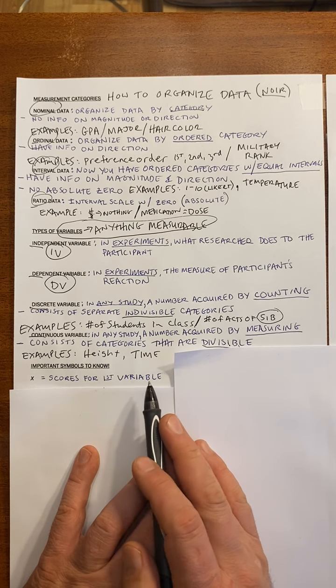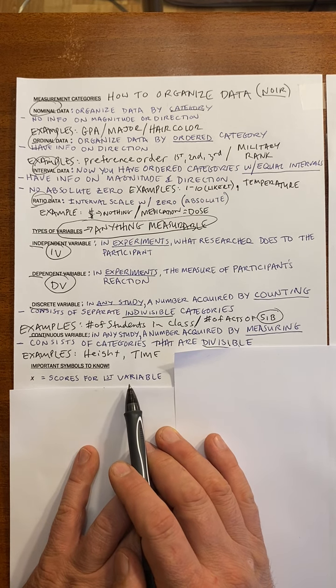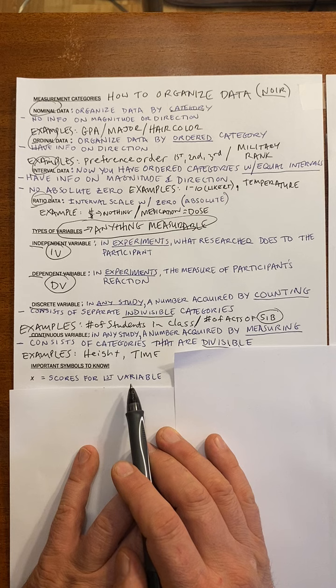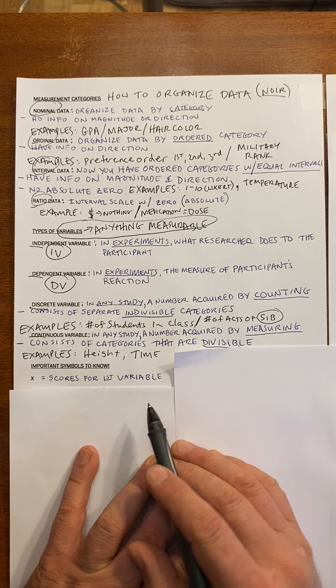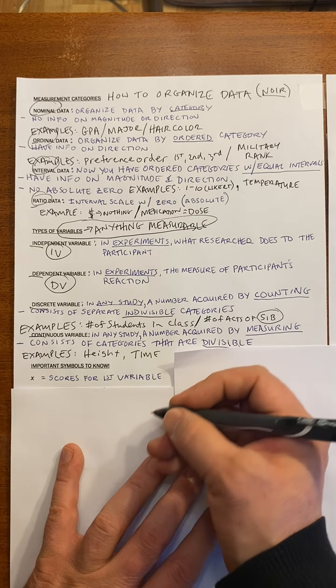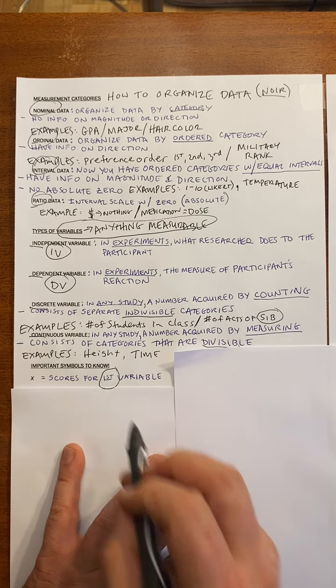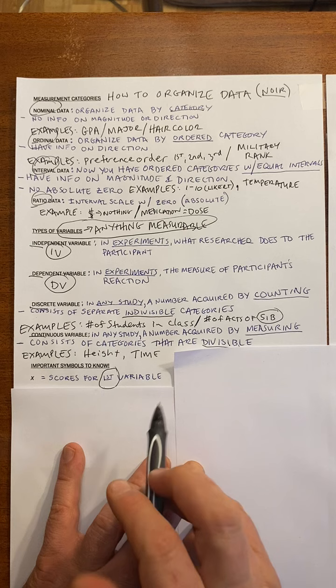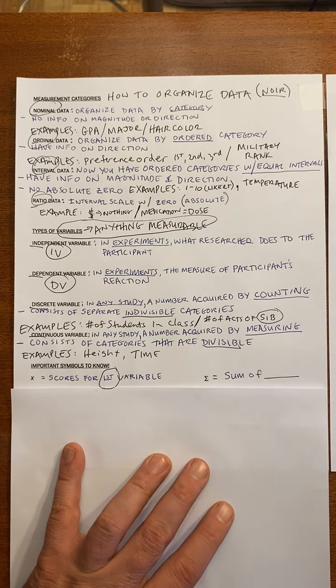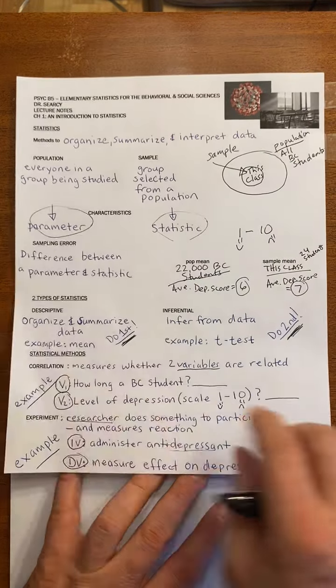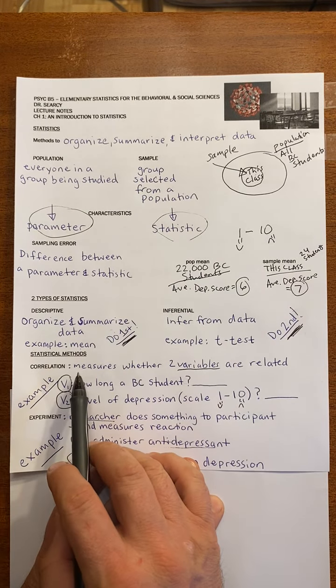So in this class, we're often going to be talking about correlational studies, experiments, studies where maybe more than one variable is being studied at a time. So in those cases, X will always represent the group of scores for the first variable. Let's think of it in terms of that correlational study, right?